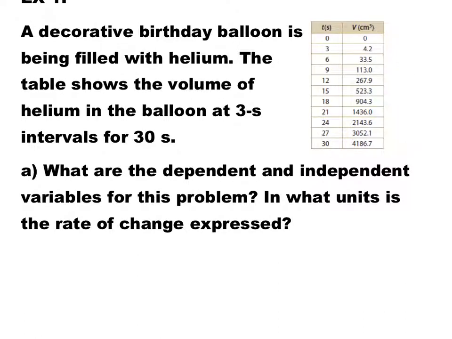Now, if you want to find the rate of change between 21 seconds to 30 seconds, 21 seconds is here, 30 seconds is here. So we have to find the ratio which we defined previously.